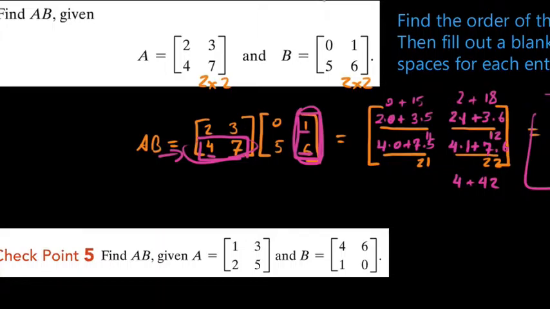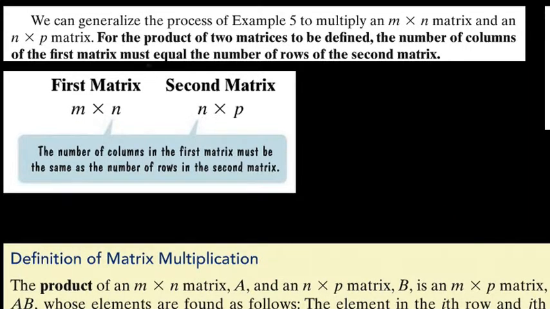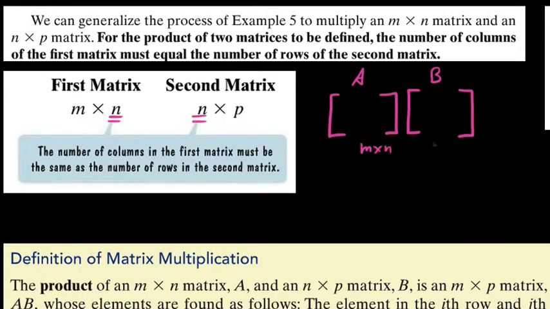So with regards to what this means in terms of their orders, we would say that to multiply an m by n matrix and an n by p matrix, the two inner dimensions are going to need to match. So let's say we have a couple of matrices, we'll call this one A and this one B, where A is an m by n matrix, and B is an n by p.